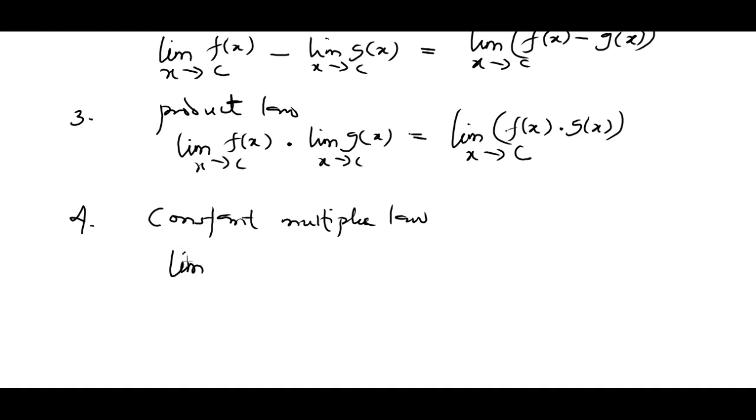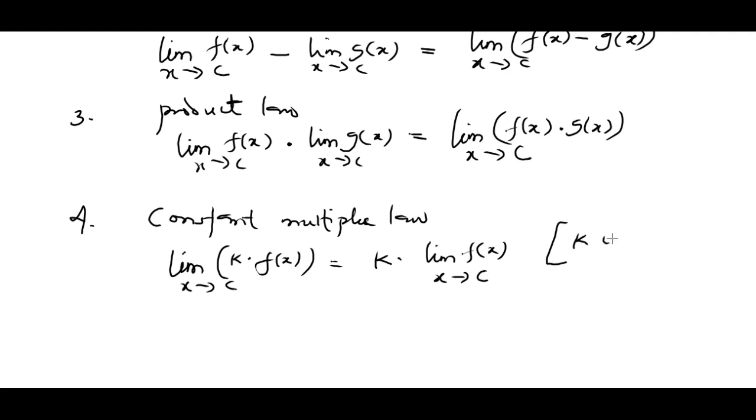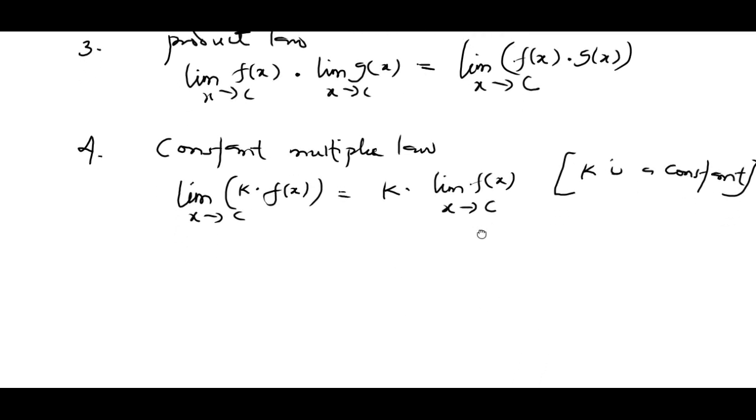So let's say lim k times f of x as x tends to c is equal to k lim f of x as x tends to c, where k is a constant. So this is the constant multiple law.